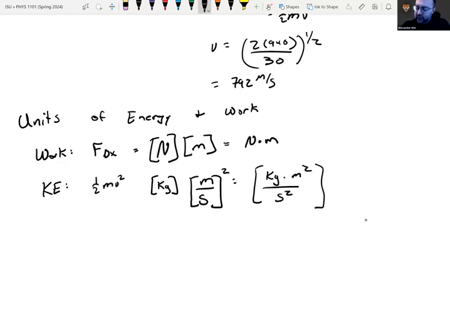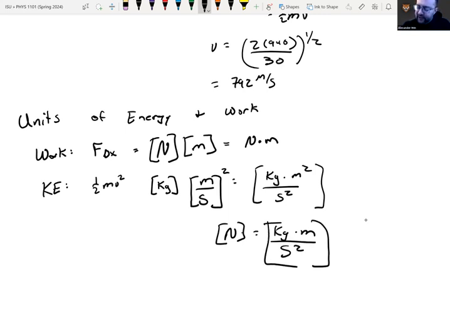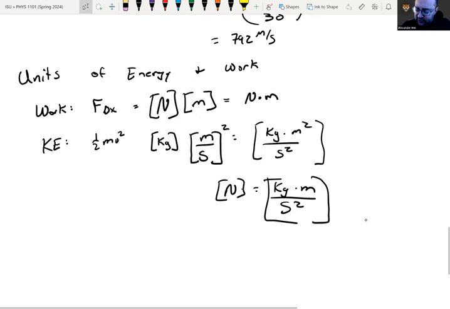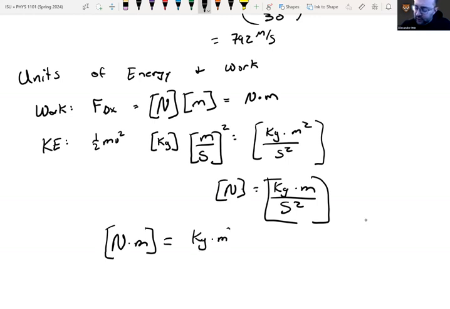Well, as a reminder, a Newton is equal to a kilogram meter per second squared. So it turns out that Newton meters is actually equivalent to kilogram meter squared per second squared. Those are, in fact, the exact same unit.